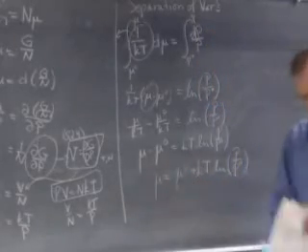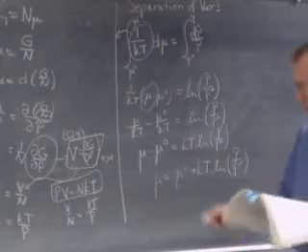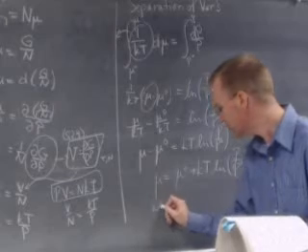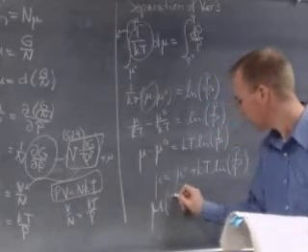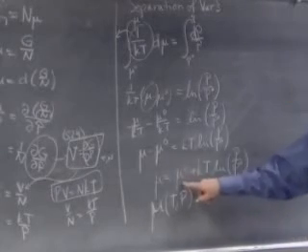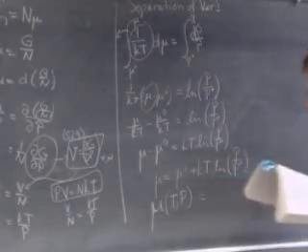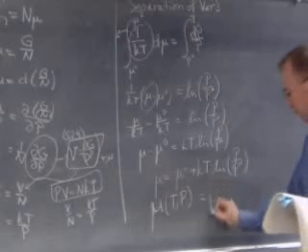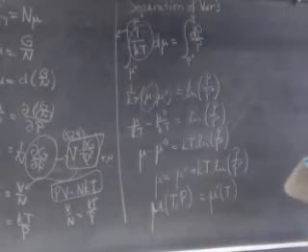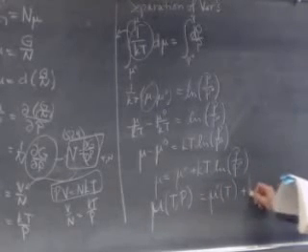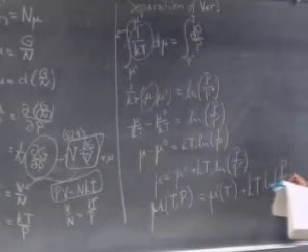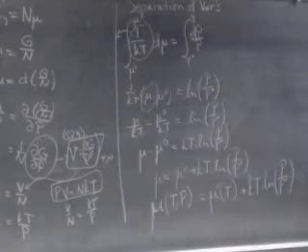What this means is the chemical potential at a given, let me put it in somewhat clearer terms, at a given temperature and pressure is equal to some reference chemical potential at that temperature plus kT times the natural log of your given pressure divided by some reference pressure.